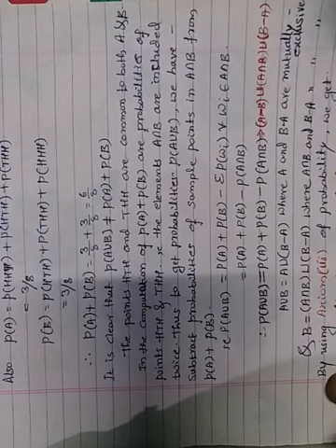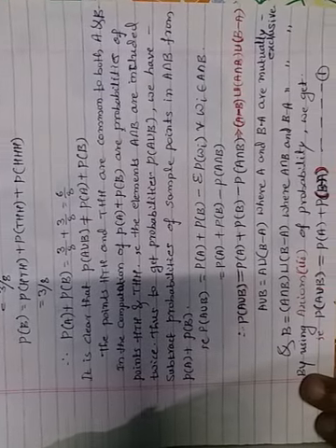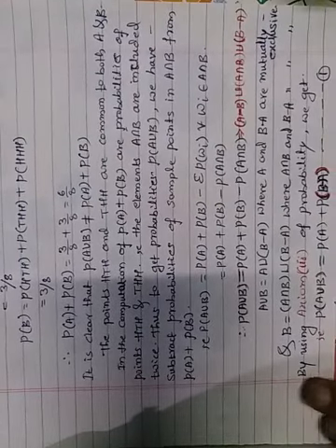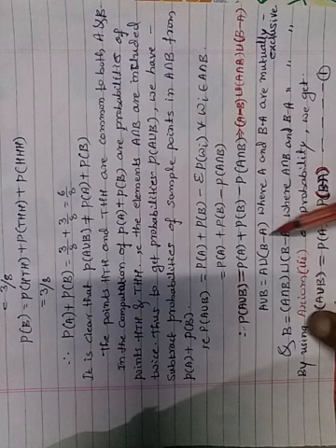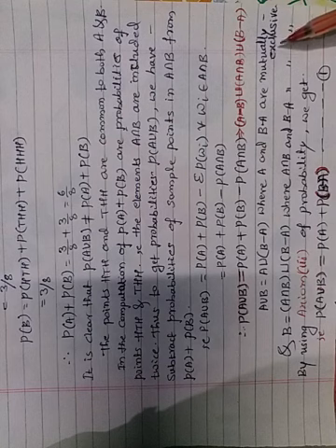Then A union B equals A union (B minus A), where A and B minus A are mutually exclusive events. Am I right here?